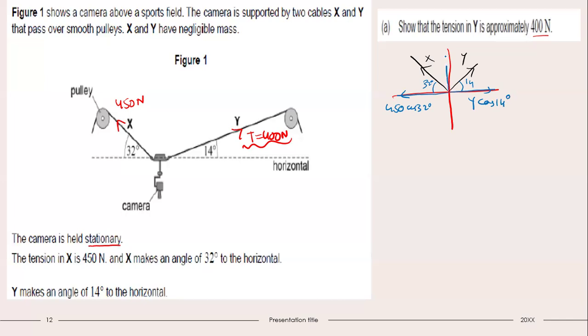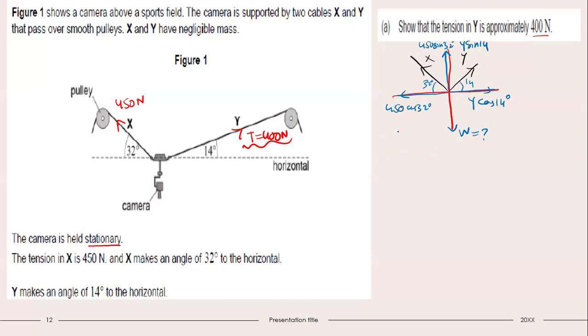And if you do the vertical components, this will be 450 sine 32, and the other one will be Y sine 14, and the weight of the camera is still unknown.